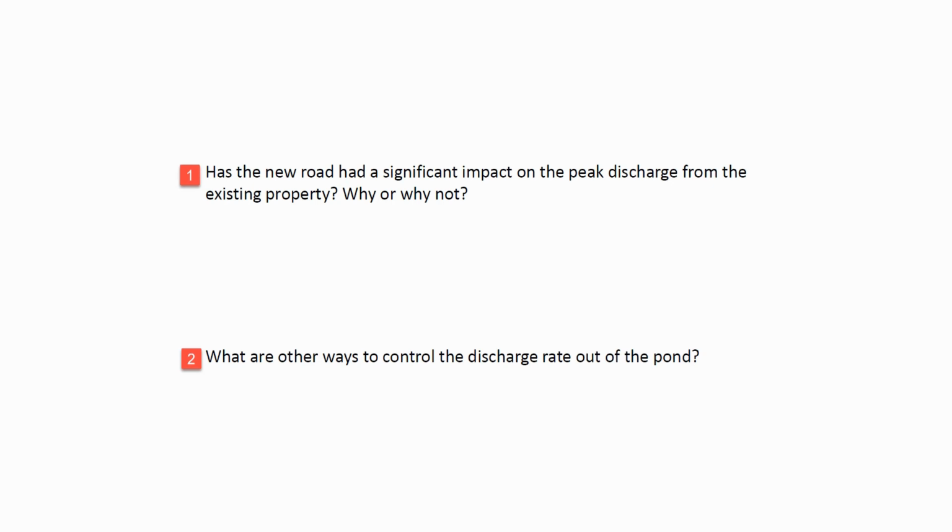Let us answer the few simple questions. The answer of question number 1 is: in this project, the new road, which is without detention pond, has increased the total runoff volume as well as the peak flow rate.